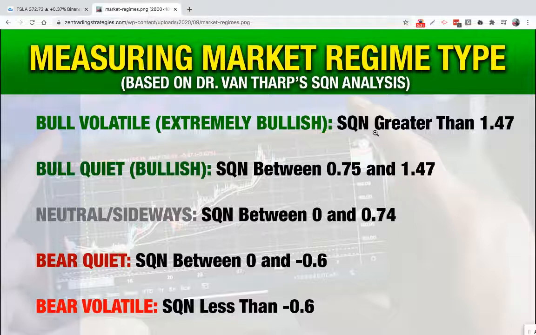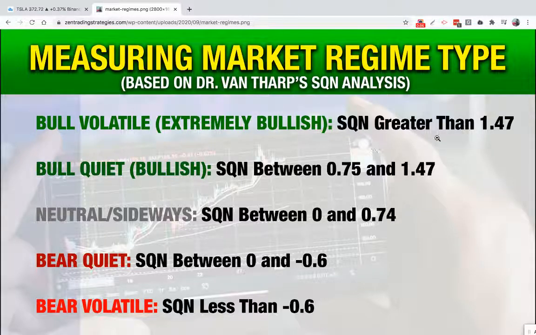These settings on the market regimes, the system SQN stands for system quality number. This is a system developed by Dr. Van Tharp. It's a quantitative way of measuring market regime. And we have that theory programmed. We were inspired by the work, and it's inside of this trend following strategy.